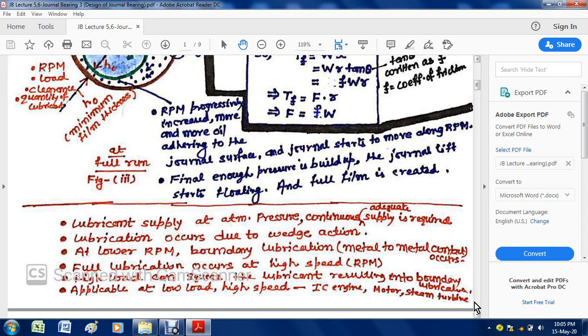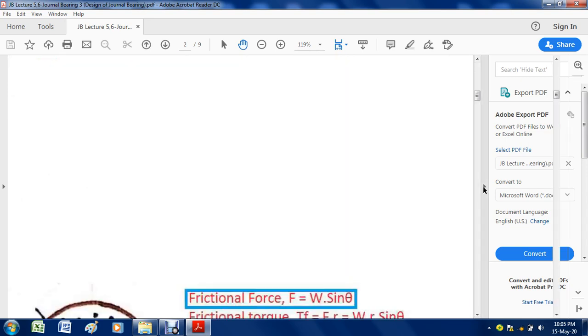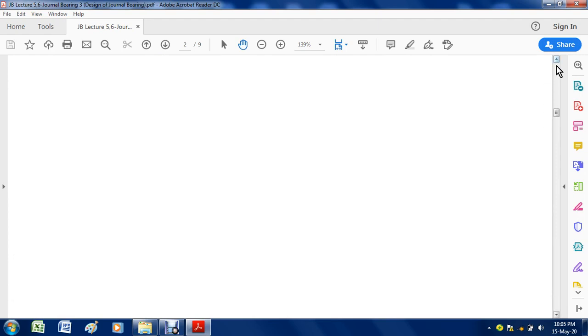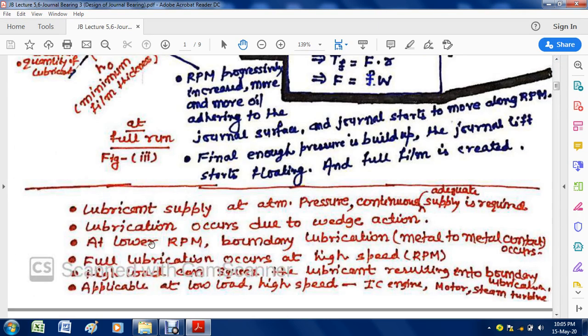So here it is written: at lower RPM boundary lubrication, means metal to metal contact, occurs. Full lubrication occurs at high speed. The full run means at higher speed full lubrication, means thick film lubrication, occurs.